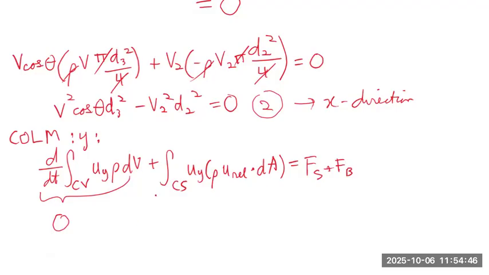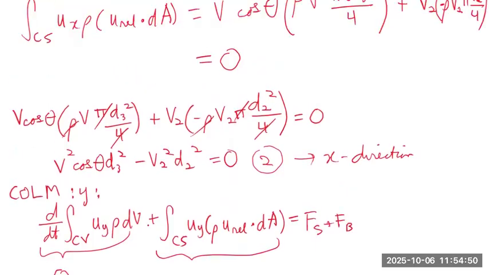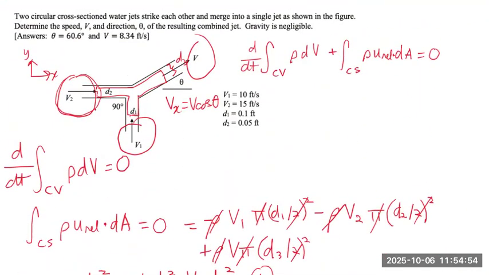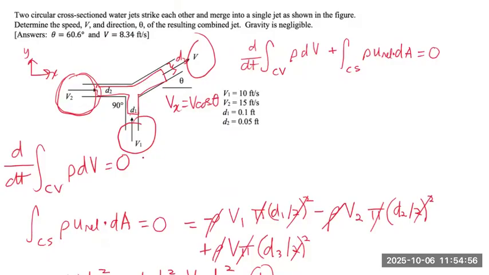So this term is going to be equal to uy, which for V2 is going to be 0, for V1 is purely a y component, and for this third V is going to be Vy equals V sine theta.